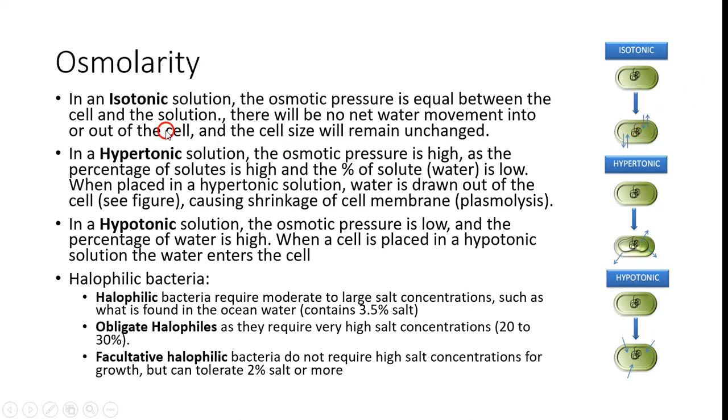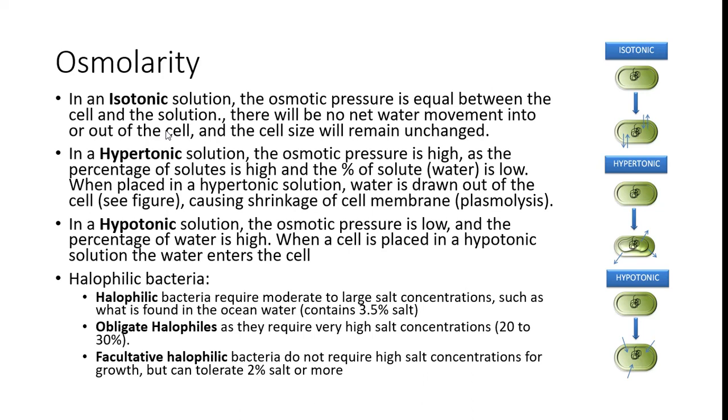So again, let's start by giving those definitions. Something is isotonic when the osmotic pressure is equal. When we say osmotic pressure, we're simply referring to how many particles, how much salt, or whatever it may be, are dissolved as solutes within an aqueous solution.